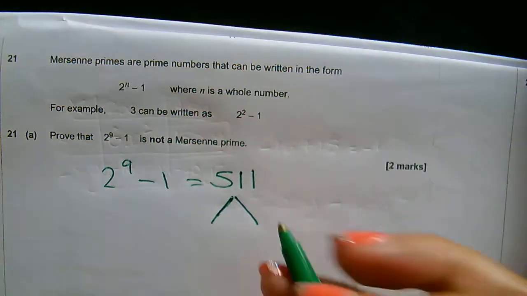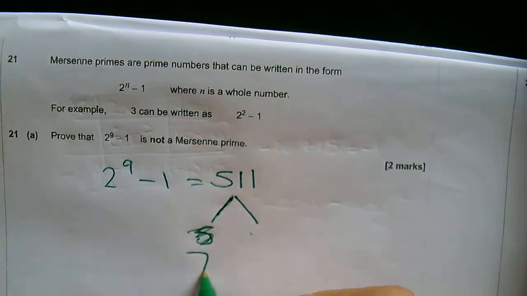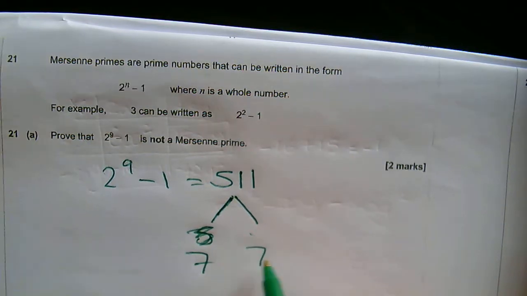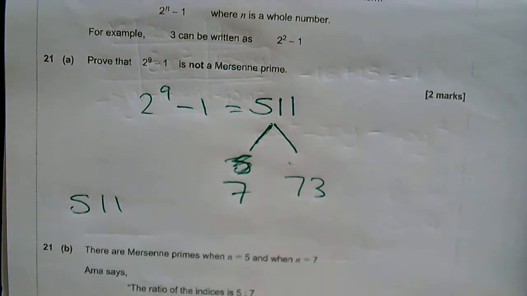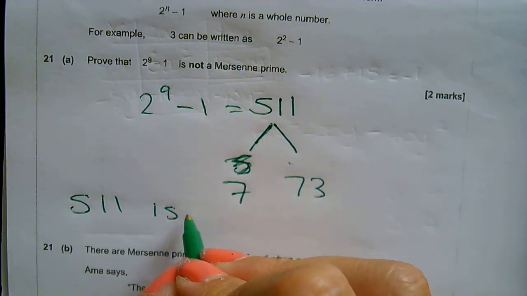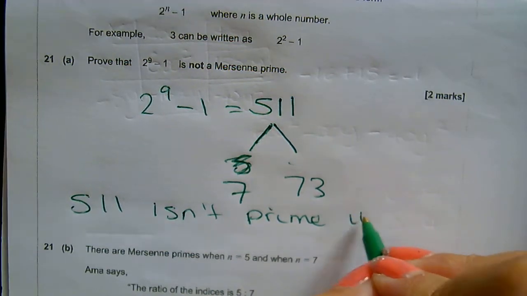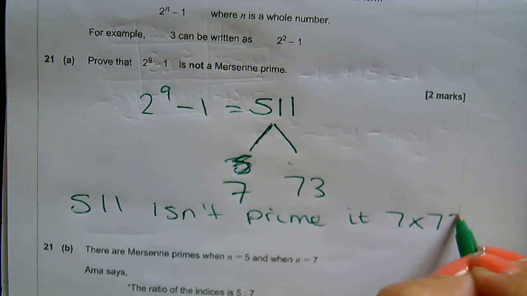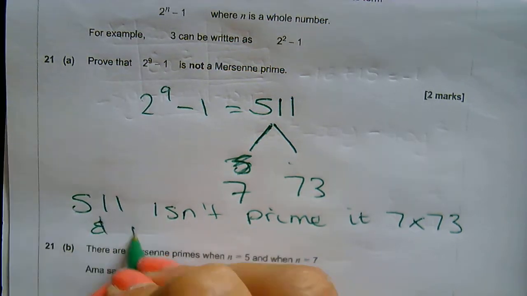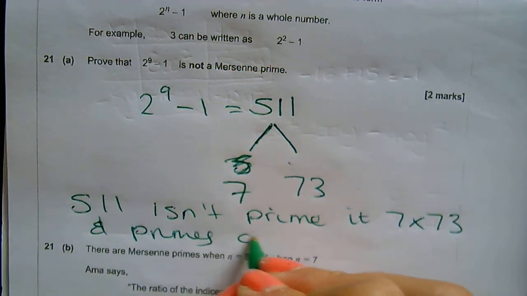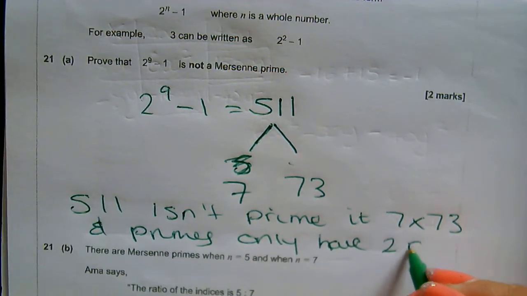So proving it is 5. Oh, not 5. It was 7. Sorry, 7 and 73. So 511, just write a little sentence, isn't prime. It's 7 times 73, and primes only have 2 factors.